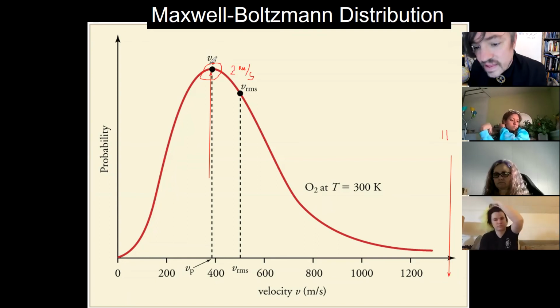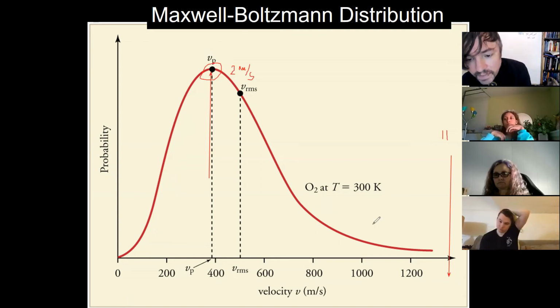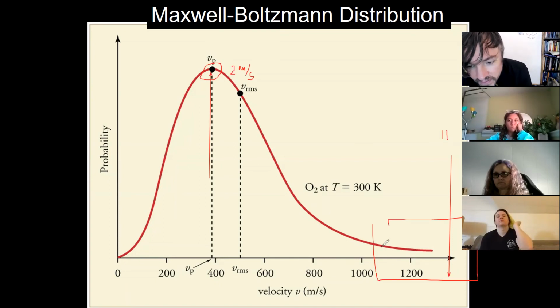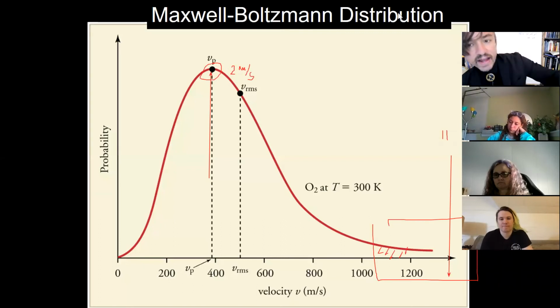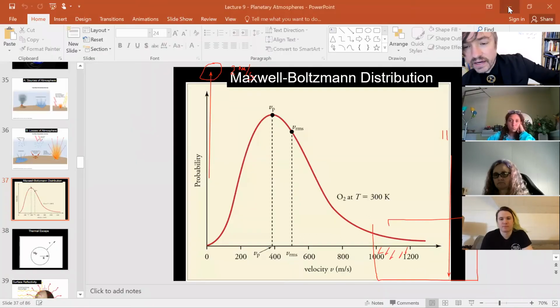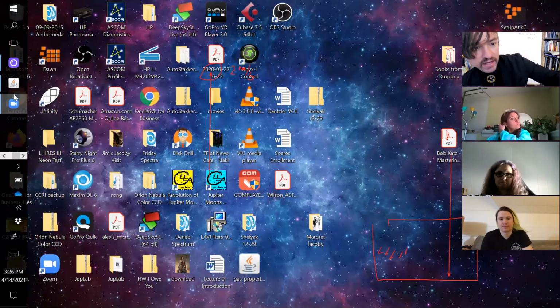The problem is that there are still some particles up here in the high-speed tail. And ones that are close to or at the escape velocity will occasionally boil away and jump off the gravity of the planet. In fact, that's what you can see happening here in my little flash animation.